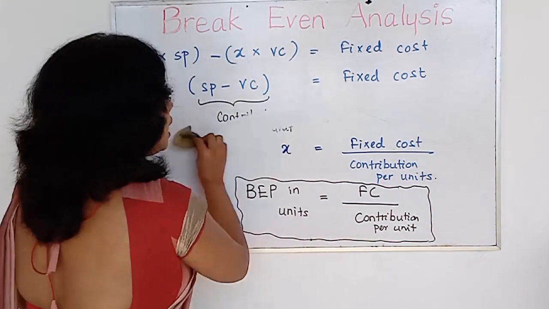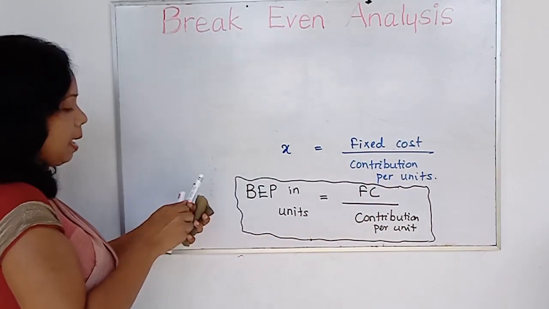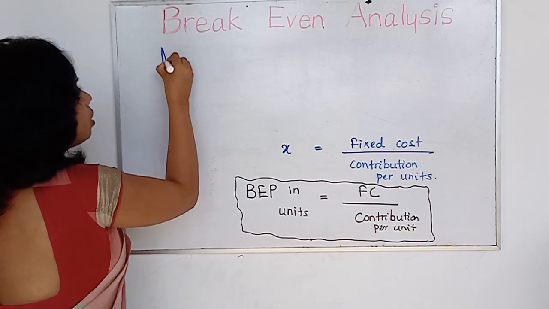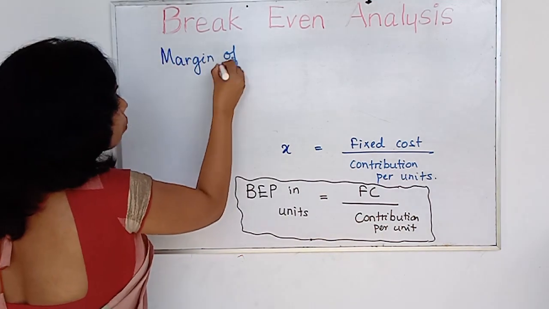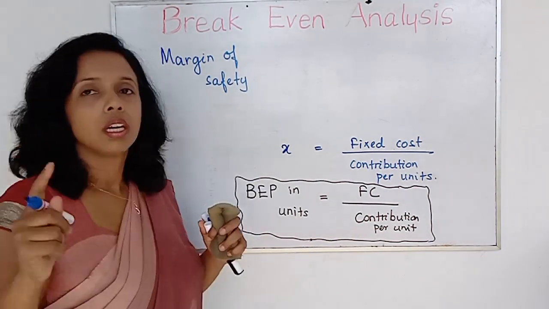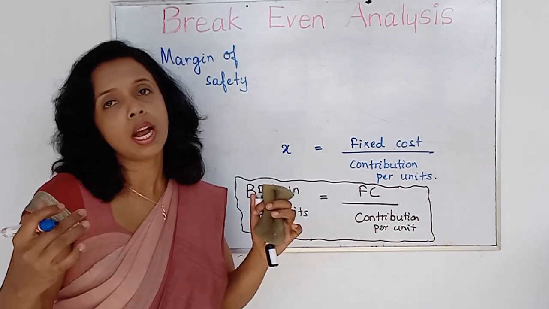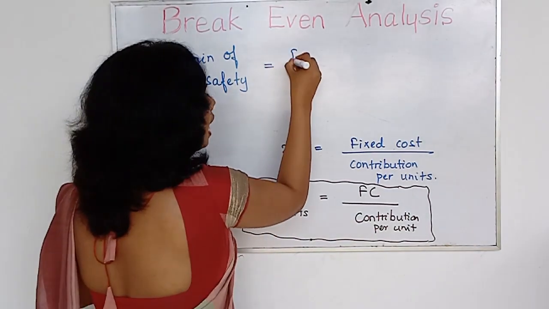So we give this term a special name: margin of safety, right? Margin of safety. So the margin by which you will be safeguarded. How do you calculate it?